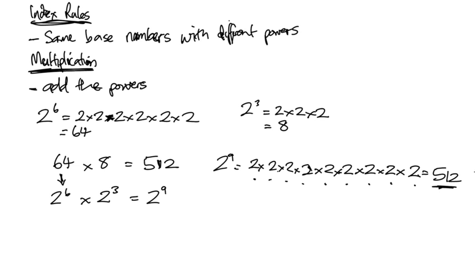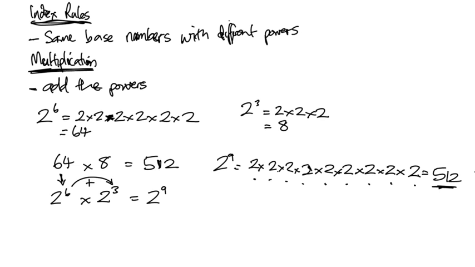And what do you notice here? 2 to the power of 6 times by 2 to the power of 3 is 2 to the power of 9. What has happened between those two powers? These have been added together.